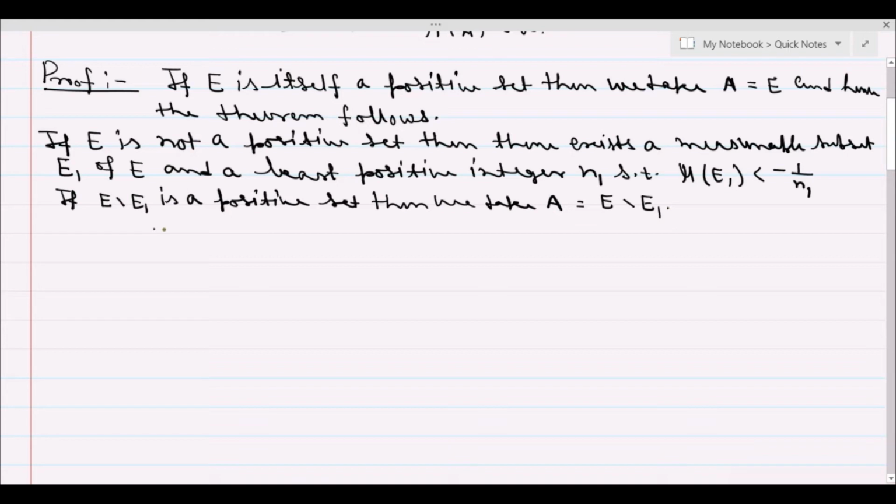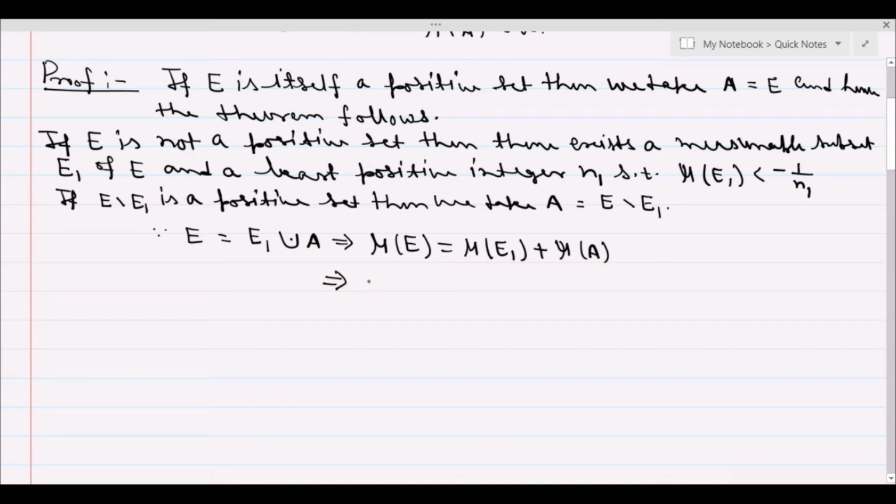Since E is written as the disjoint union of E1 and A, this implies that mu of E is equal to mu of E1 plus mu of A, because mu is a signed measure and a signed measure is finitely additive.